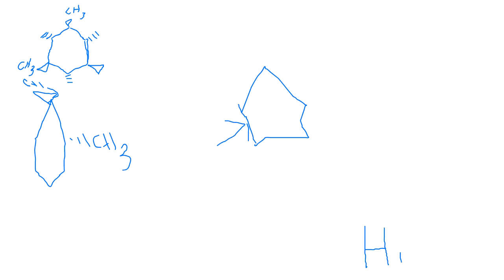When you just show me the hexagon with the wedges or the hatch lines, what it fails to tell me that I am interested in is, are you showing me a boat or a chair?